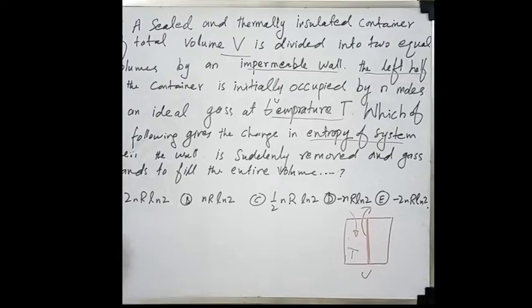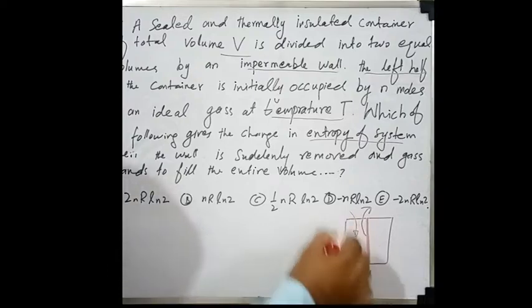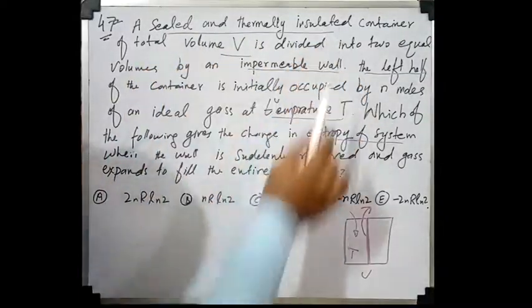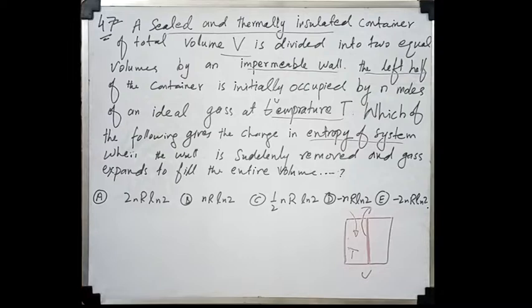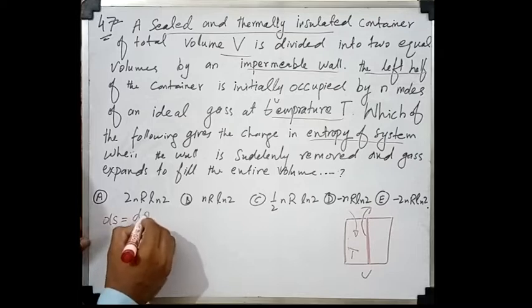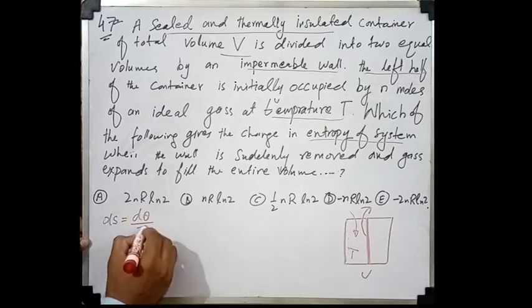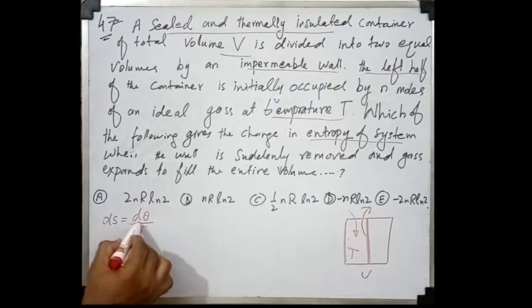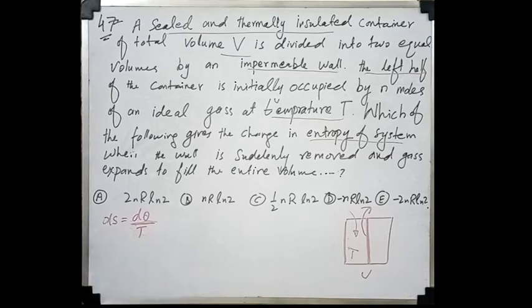Remember one thing, that the process is thermally insulated and sealed, meaning the temperature of the system remains constant. So the entropy change is given by dS = dQ/T. This is the formula for change in entropy: the change in heat divided by temperature.